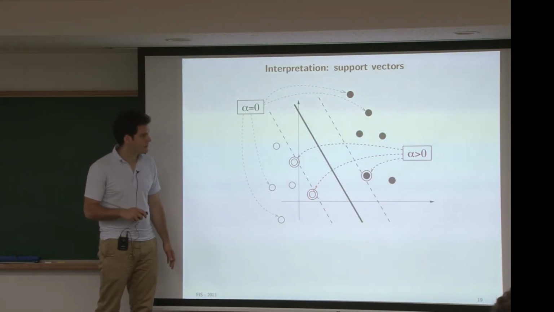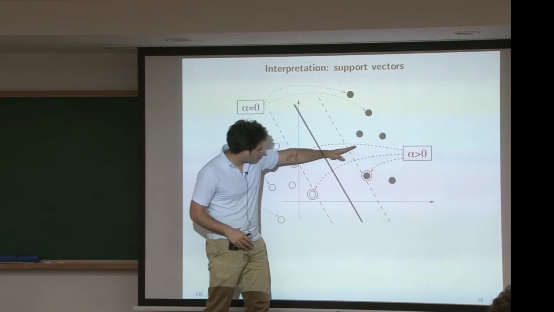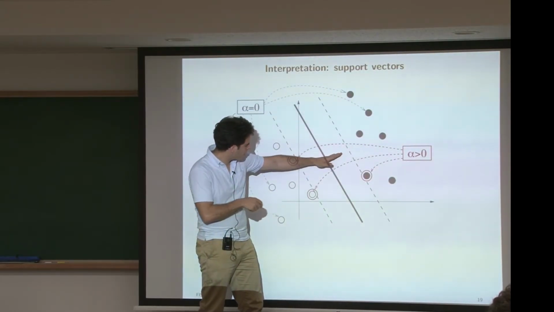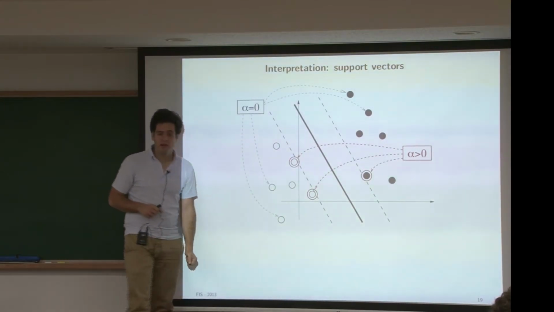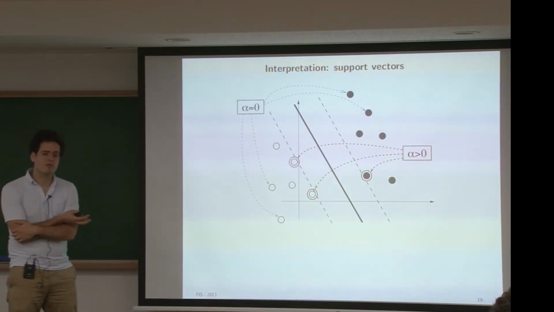And all the other points do not appear when you try to compute w. So w, the normal vector of this hyperplane, is just a linear combination of these points. So why is that important in terms of practical performance?